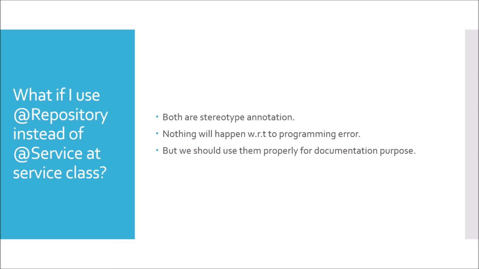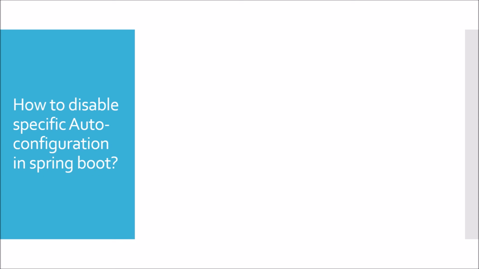Moving to next question. How to disable a specific auto configuration in Spring Boot? You can use the exclude attribute either in @EnableAutoConfiguration or @SpringBootApplication.